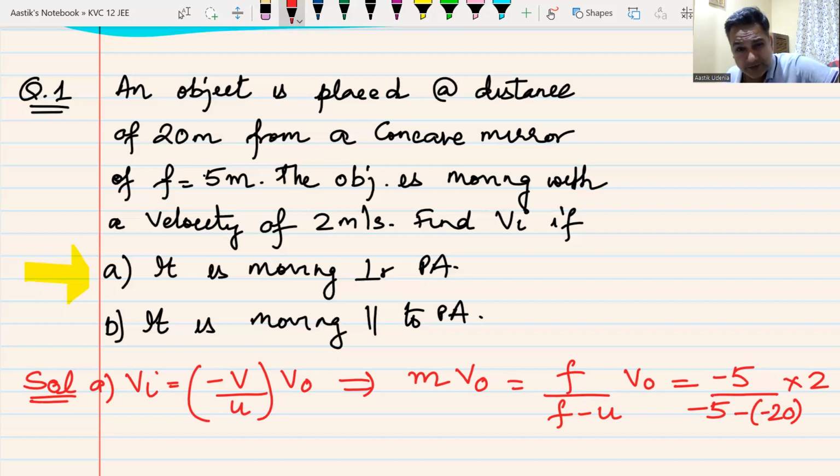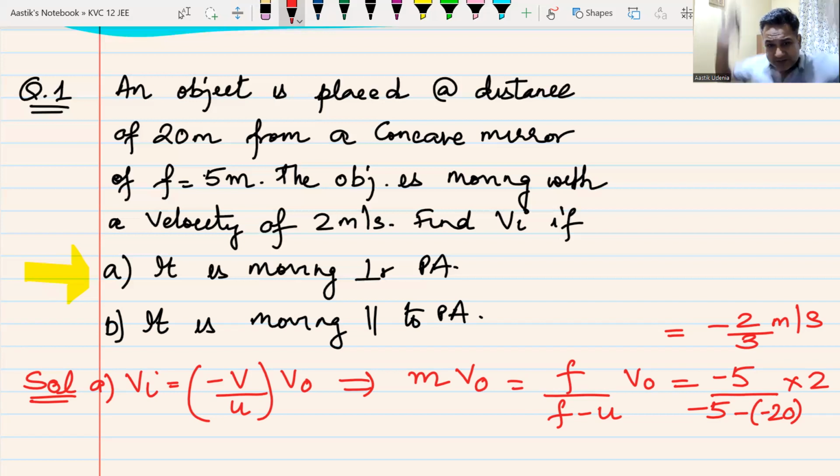Minus 5 divided by 15 is minus 1 by 3. Minus 1 by 3 into 2, and the answer that you are going to get is minus 2 by 3 meter per second. That means if the object is moving upwards, image will be moving downwards. Do we get this? Yes or no?